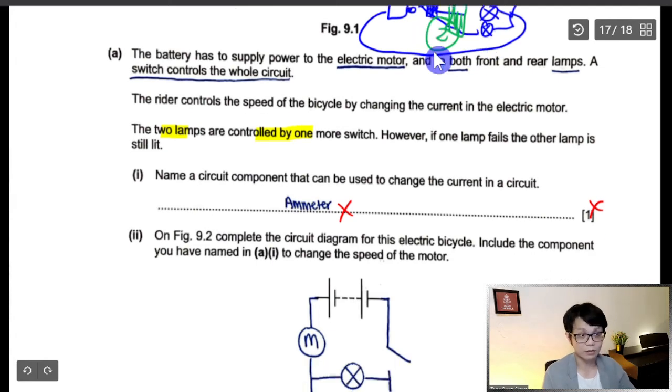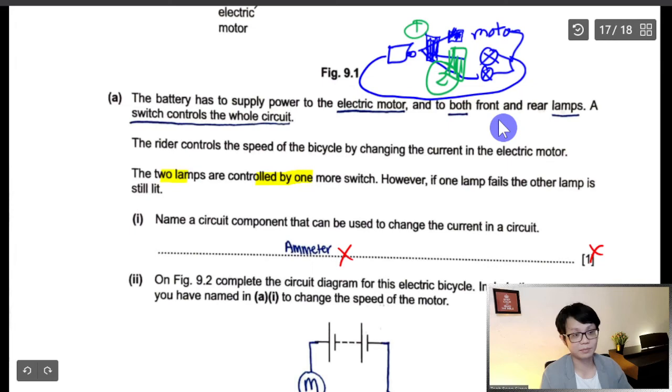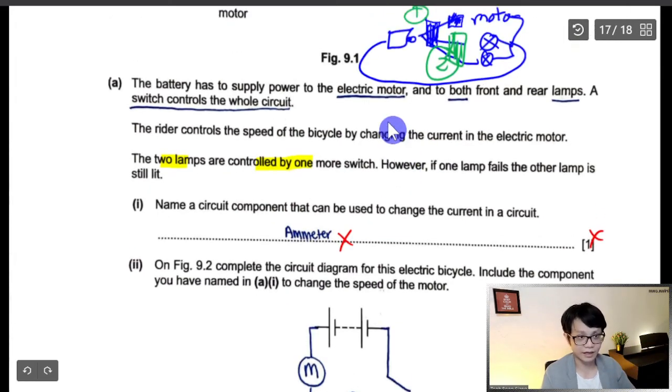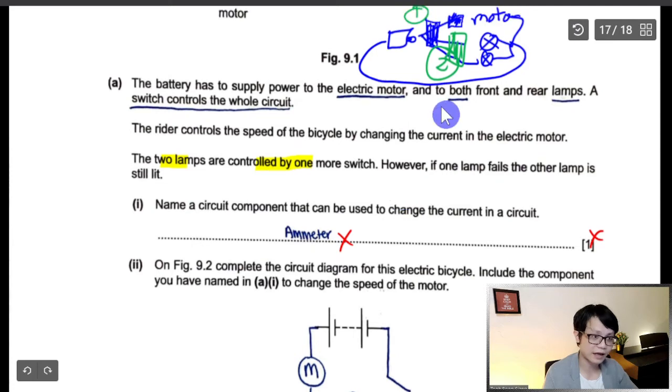For me, I will put one switch for the motor and one more switch for the light. I'll put it separately because, like a car, you didn't start the car but you still can turn on the light. But the bad thing is, if you forget to turn off the light, then the battery will finish and the next day you cannot start the car. So there are pros and cons, whether you want to put the switch here or here, up to the person.